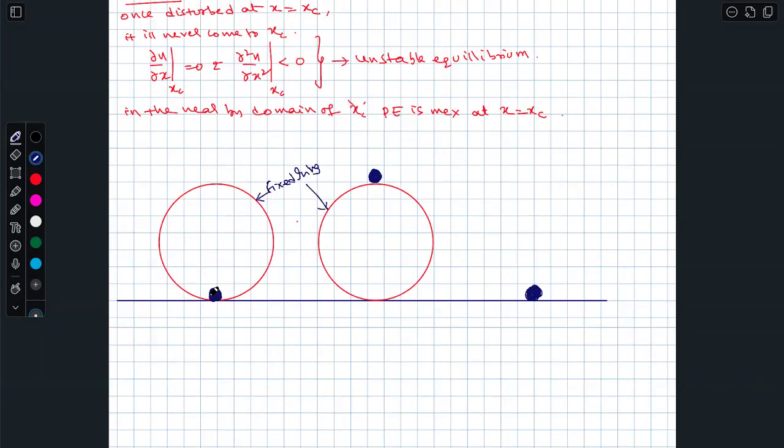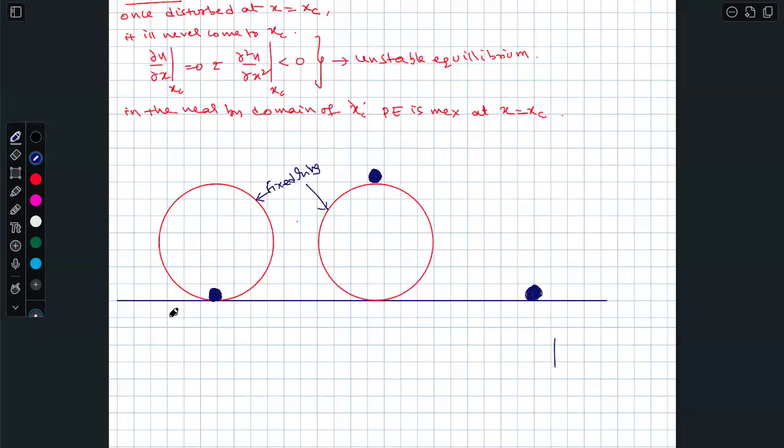You shift it leftwards, shift it rightwards. What happens? It will tend to come to the equilibrium position. Shift it up. Just disturb it. Maybe it is in equilibrium now. Just disturb it. It never comes back to the equilibrium position. What about this? Whether you place it here or here, it will stay like that.